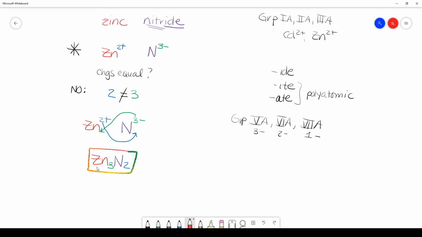Looking at my formula here, I have 3 zincs, where each zinc has a 2 plus charge, plus 2 nitrides where each nitride has a 3 minus charge, and the sum of those charges has to equal 0. So I have plus 6 minus 6 equals 0, and so it works out.